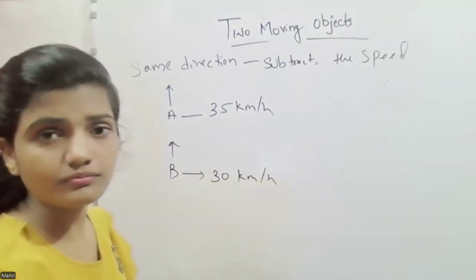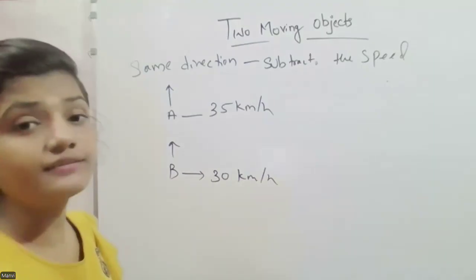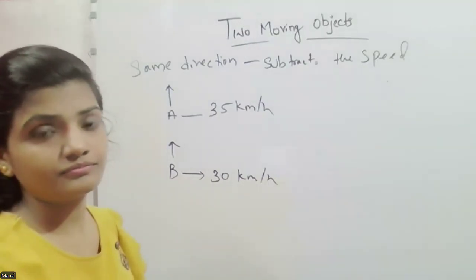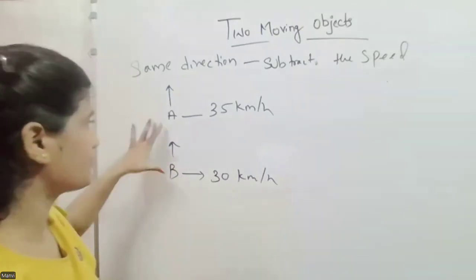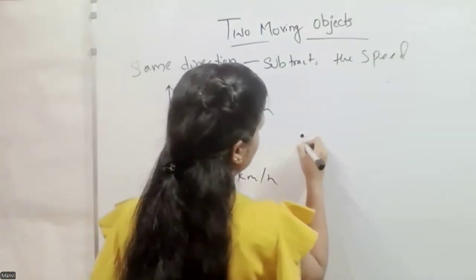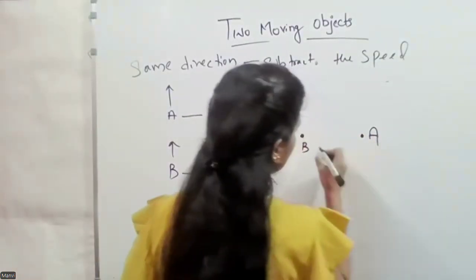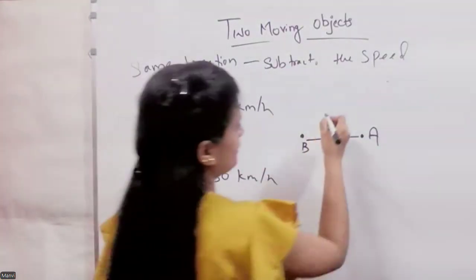You need to calculate how far they are after 5 hours. Means if car B is at here, then car A is at here, right? So how far are they after 5 hours?